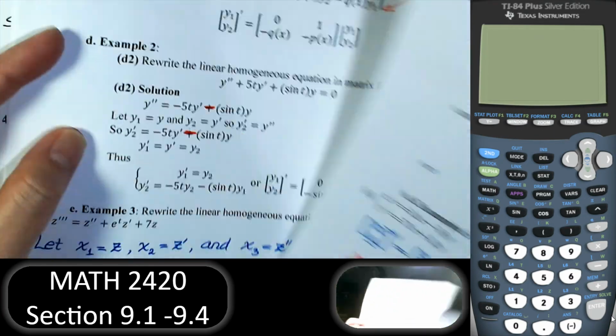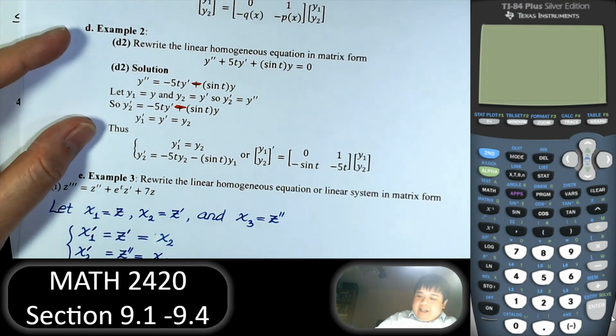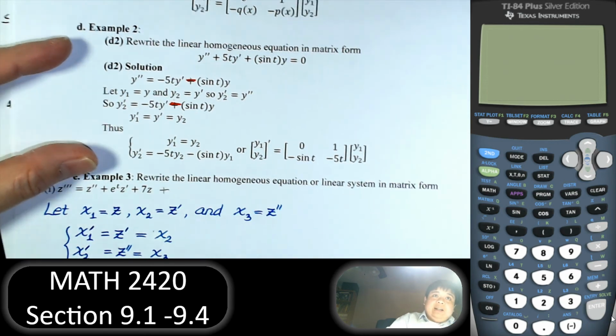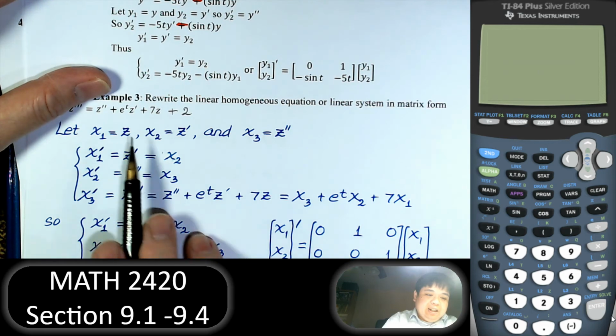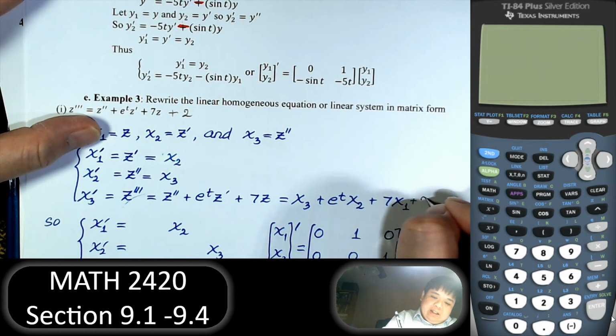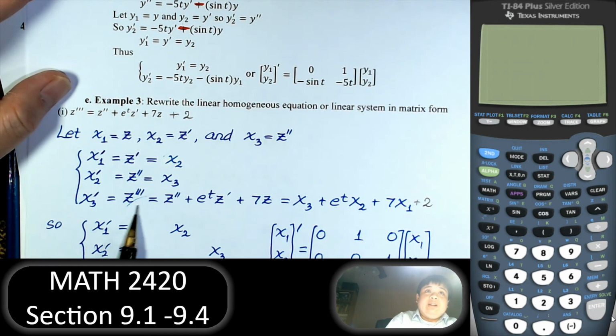Right. Let's look at this example. Let's say I have a function here, let's say 2, simple enough, right? That means I'm going to add 2 at the end here, only to the last one.